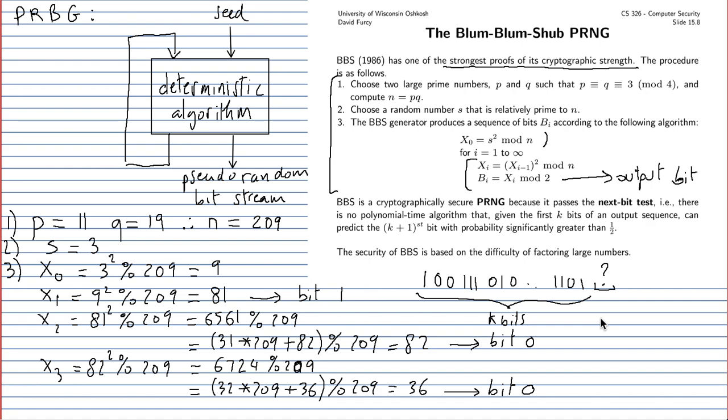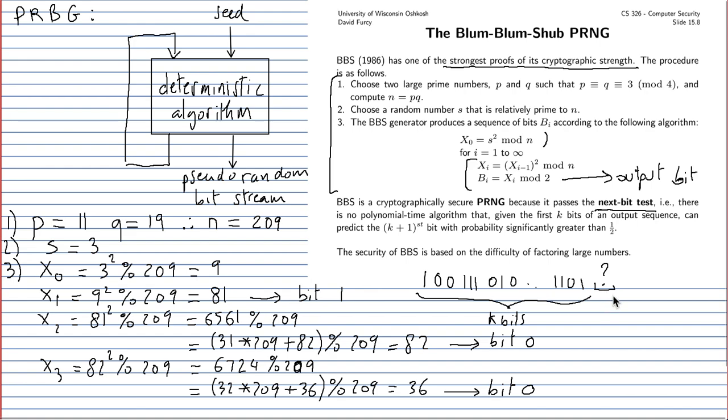And so there is a test for this. This is called the next bit test. The next bit test asks the question, is there an algorithm that, given the first k bits of a sequence, can compute the next bit, the k plus 1 bit?